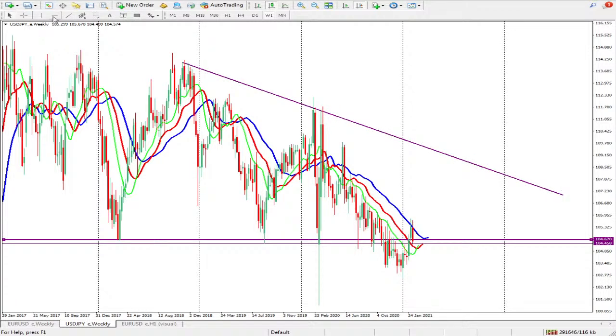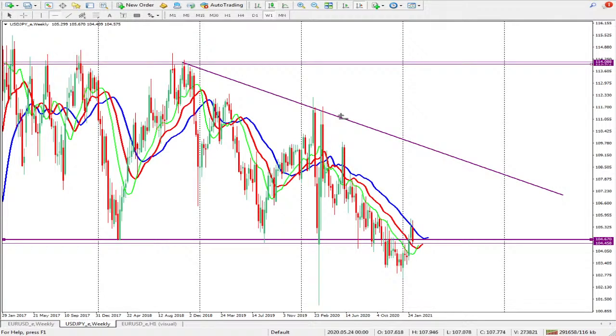Of course, we have horizontal levels. We have this level here, this horizontal level where the price may come up to, and then you have this here. These are the places where the price may likely come up to. We also have this.